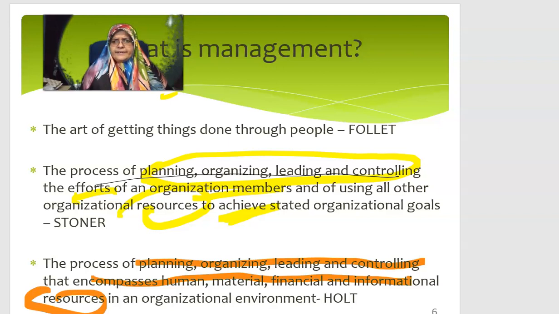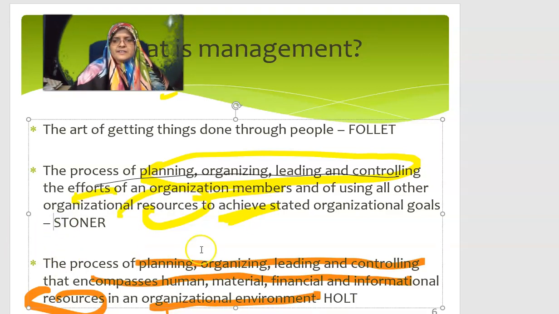Much more detail here. Okay, all right. In organizational environment. This is by Holt. What does this mean? This is exactly what people say, the author, the one who gave this definition. Okay, all right. So moving on, I'm hoping that you can get the meaning of management.